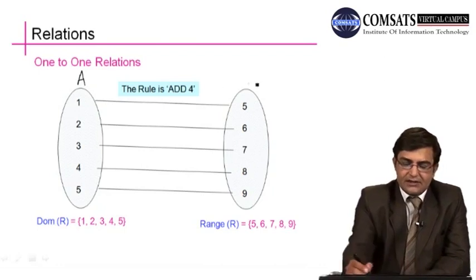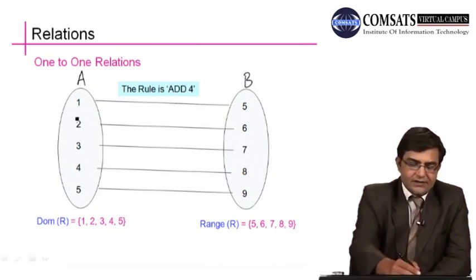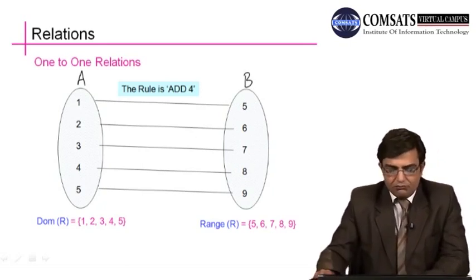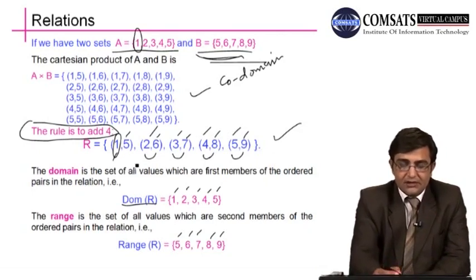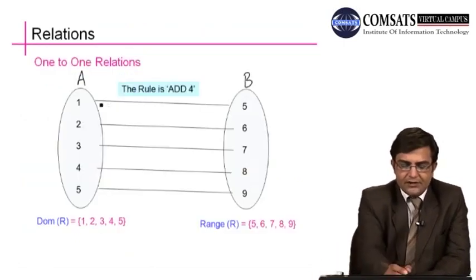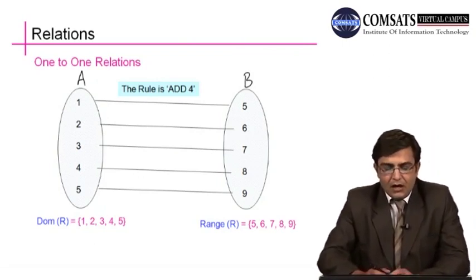This is the set A, this is the set B. We write the elements of A and of B here. Now we see what the relation is. 1 is related to 5, 2 is related to 6. This diagram basically shows the relation R between the elements of the sets A and B.